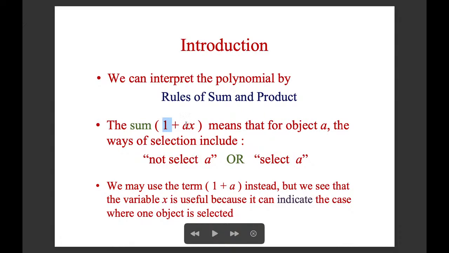The 1 means that we are not selecting A at all, but the ax means that we are selecting the object A. So, not select the object, or select A. We intentionally add an x here because x is something that is useful. We will see it very soon. We actually saw that already, but we will look at it again.